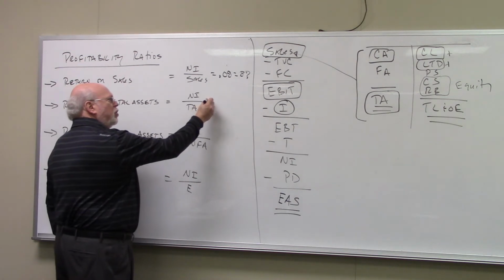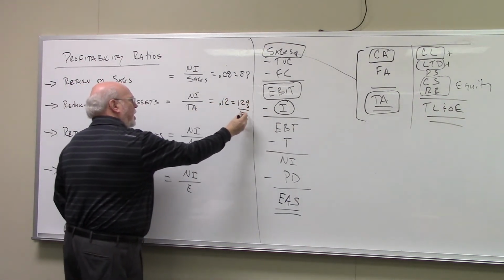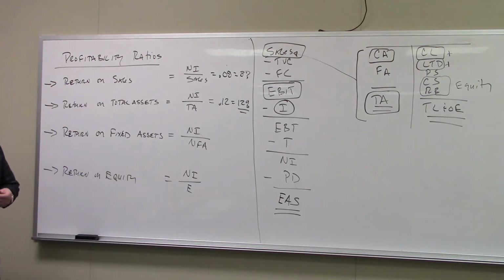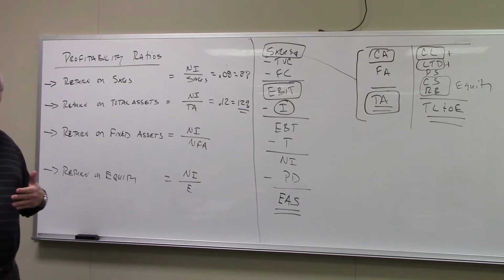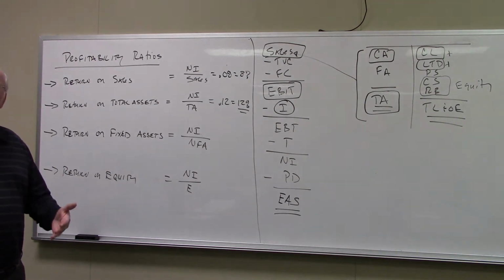Net income on total assets. If this turned out to be 0.12 or 12%, you would tell people that your return on assets is 12%. Return on total assets is also often referred to as return on investment, ROI.